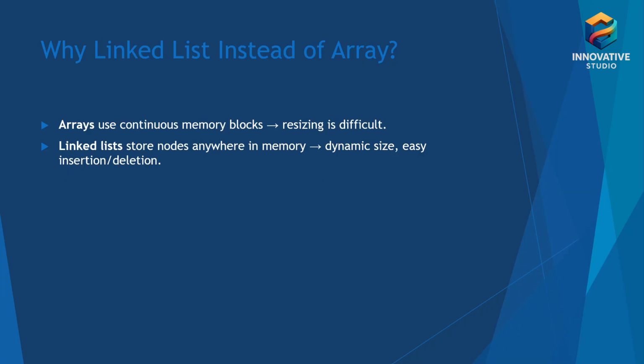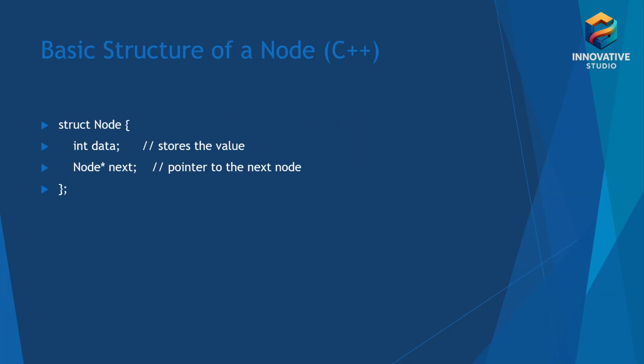Basically, an array uses a continuous memory block, and it has the constraint that you can't resize it. A linked list is dynamic, the nodes can be stored anywhere in memory, it has dynamic size, and you can easily insert and delete nodes. That's why a linked list is called better and more efficient in memory usage.